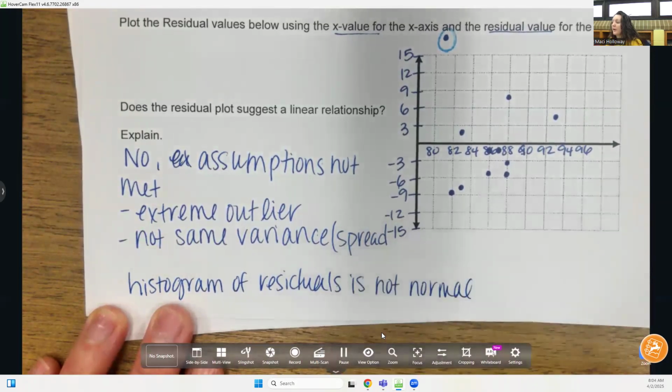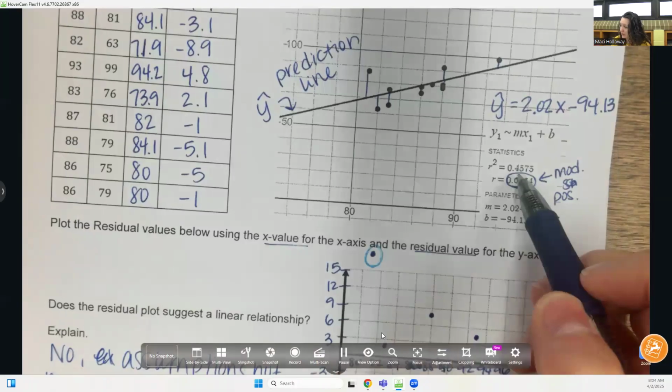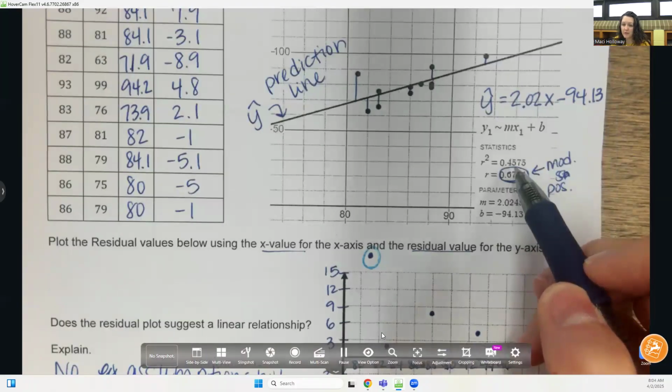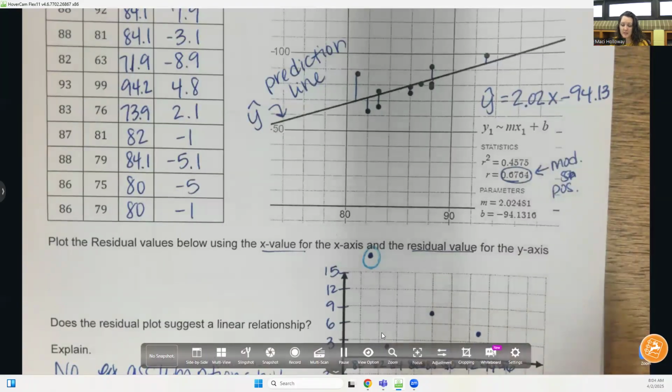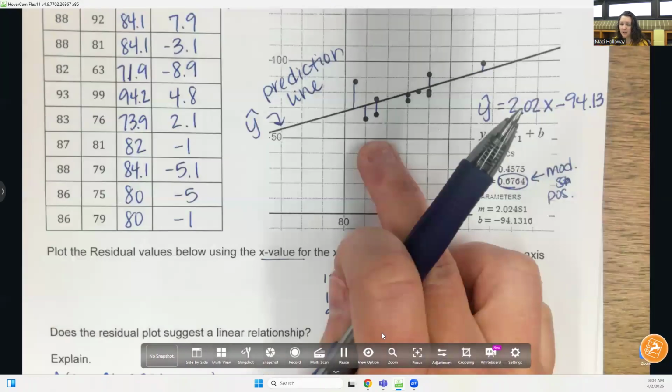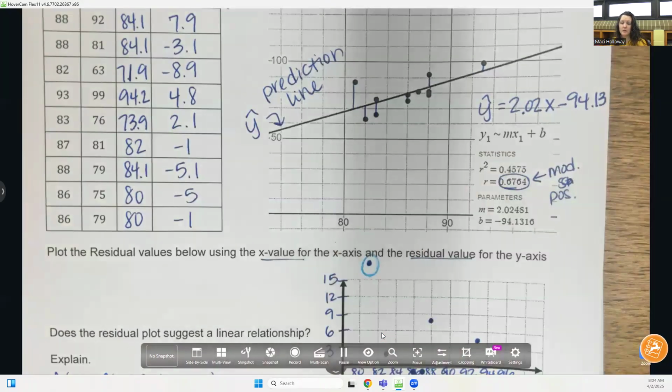So even though we have a moderate positive correlation based on our residual values, we really can't use this linear trend line to predict final exam grades. It would be very loose. And if you notice here, this 0.4575, only 46% of the data values can actually be fit to that trend line. So it's kind of a low number.